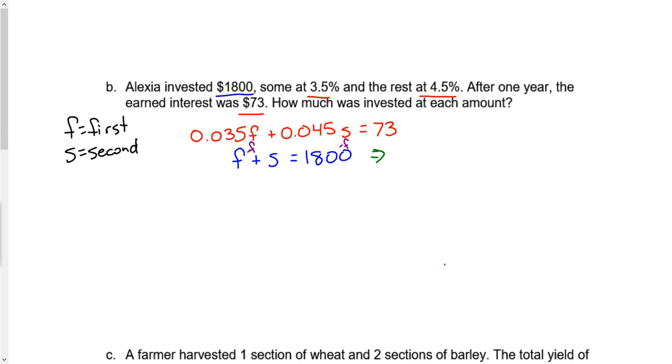So that means our S would equal negative F plus $1,800. So wherever I see S in the equation, I'm going to put negative F plus 1,800. So I'm going to do a substitution in this one.